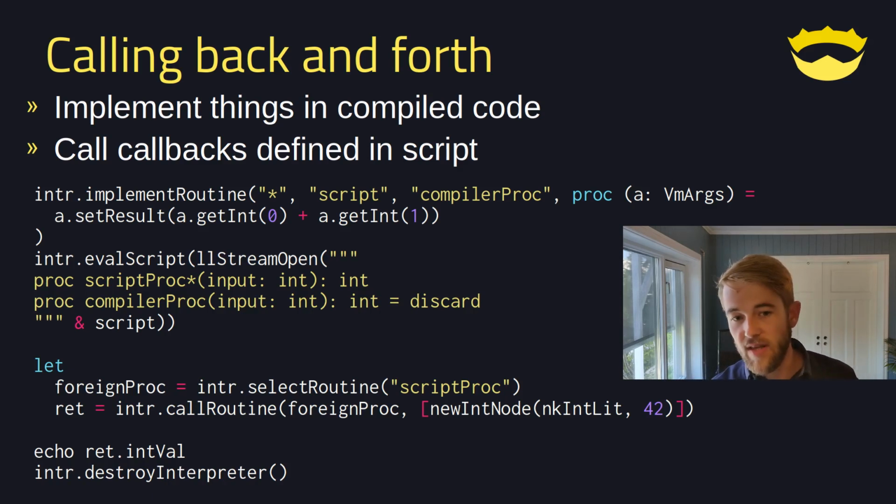And this is actually something that's done in various parts of NimScript already. So there are some parts that are defined as just discard or error when you're compiling for NimScript, and the actual implementation lives in compiled code.